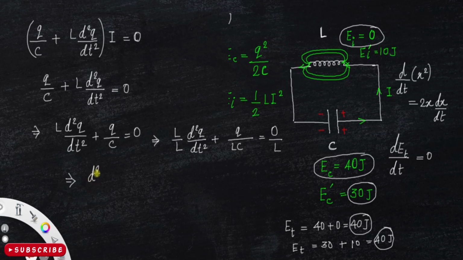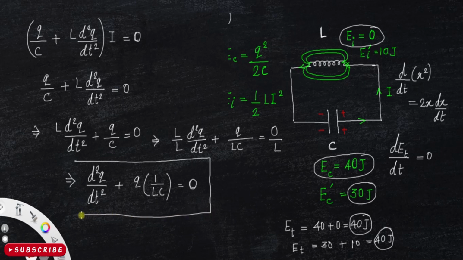So d square q by dt square plus q into 1 by LC is equal to 0 by L, which is 0. So this is the differential equation of the LC oscillation.